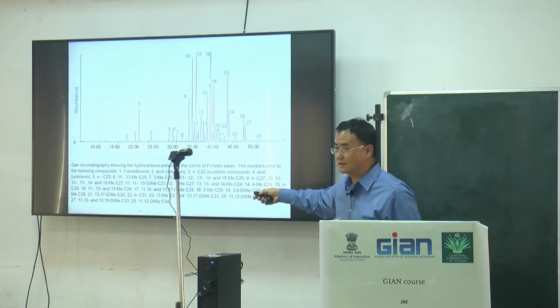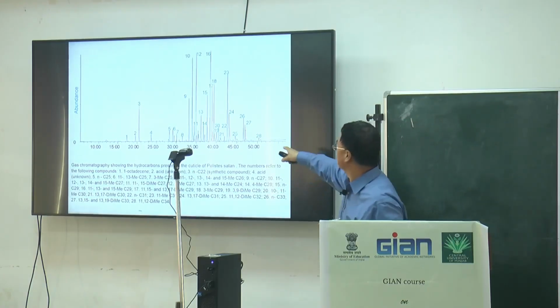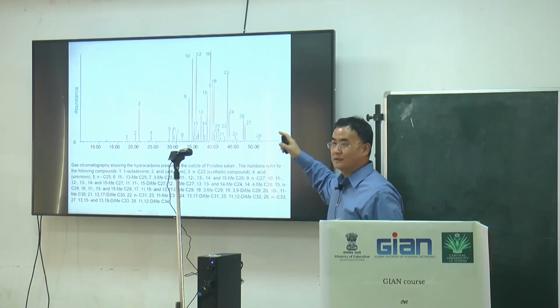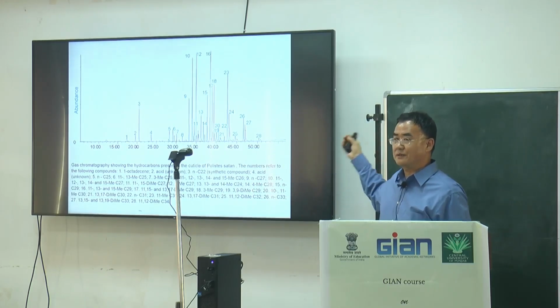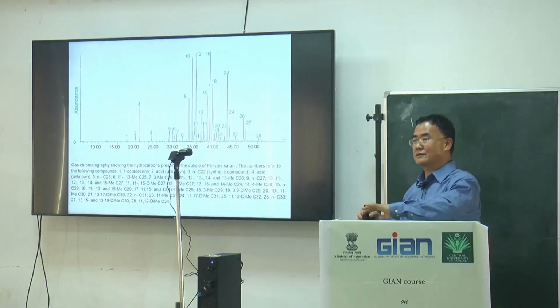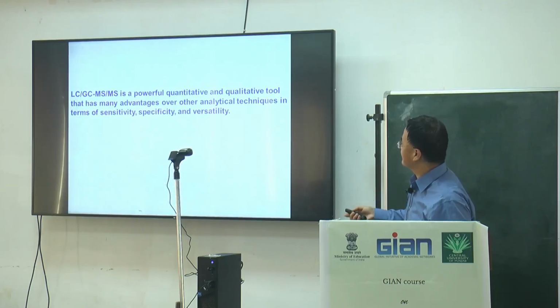When you reach carbon 34, the molecule becomes much larger. That's why they are arranged by carbon number. The carbon number increases, meaning the molecule is larger, and the charge is very similar. So you can get a result like this.